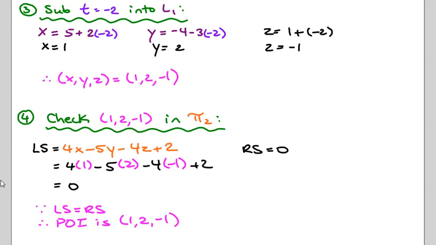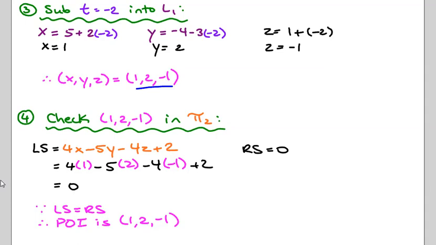Okay, so I got t as -2. I subbed it into each of the component equations, so the x, y, and z equations of line 1, and I got a new x, y, and z. So this is the point of intersection of the line and the plane. Now you could have made a mistake somewhere before, and so what you also want to do is maybe do a little check.